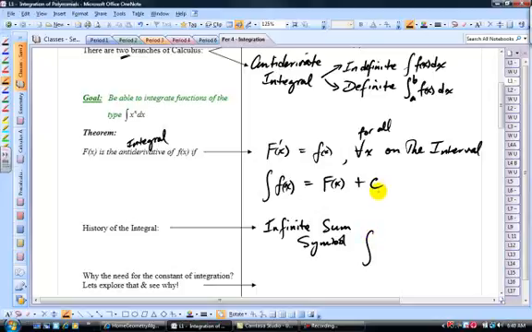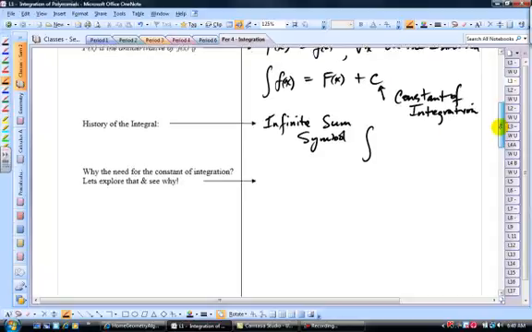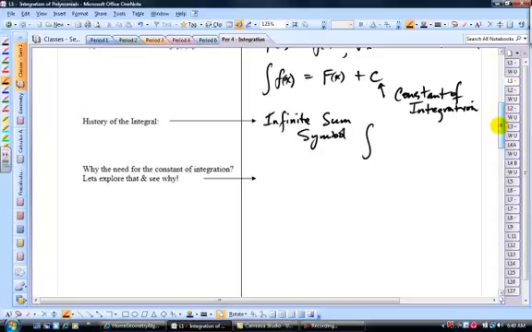The c that I was talking about earlier is called the constant of integration, and it's necessary.